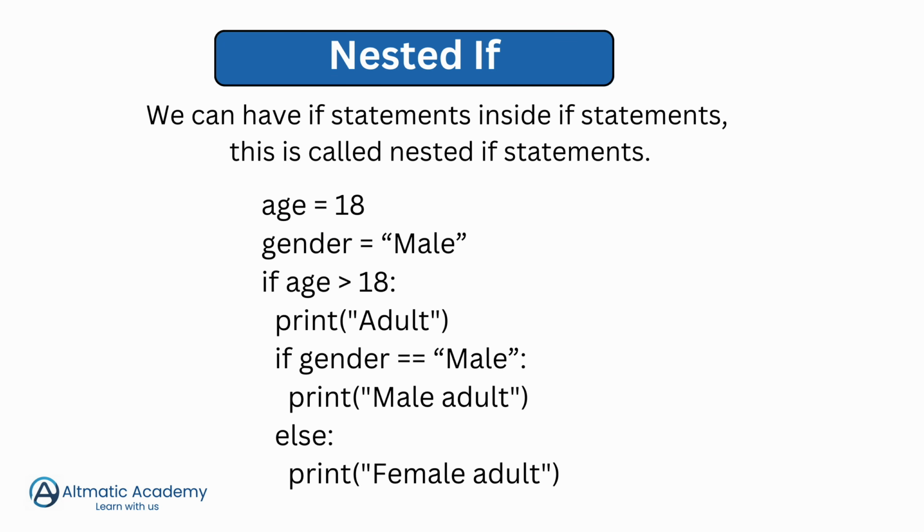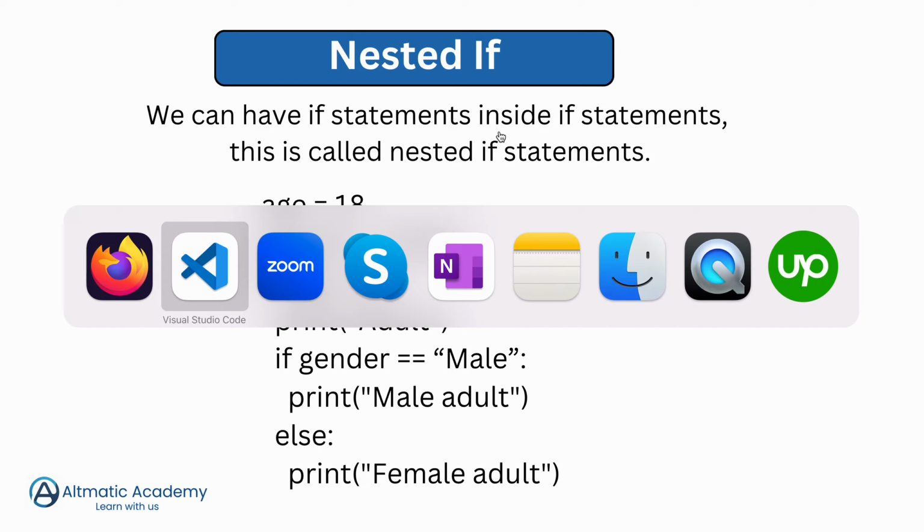Another point is nested if else. So how does nested if else work? Sometimes there is a possibility that in an if we have one condition true, but that depends on other conditions also.